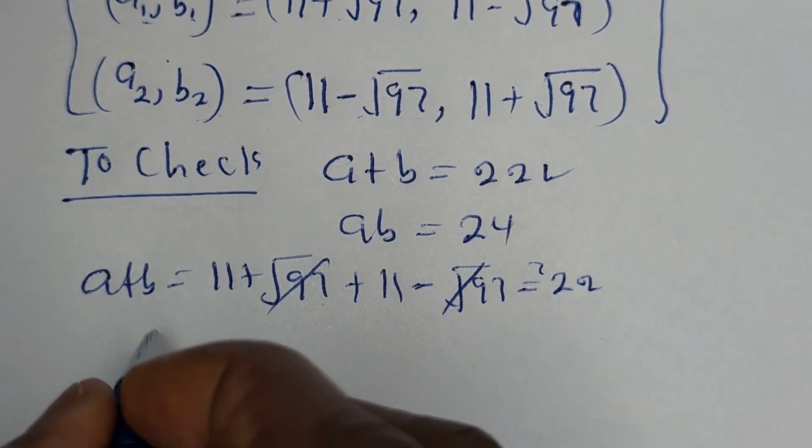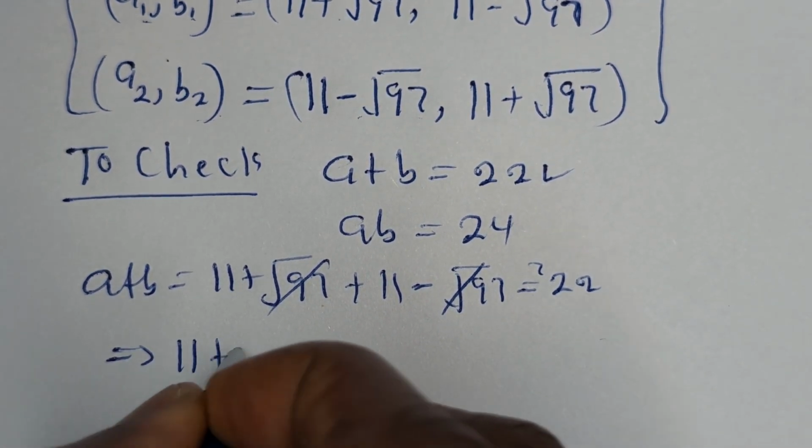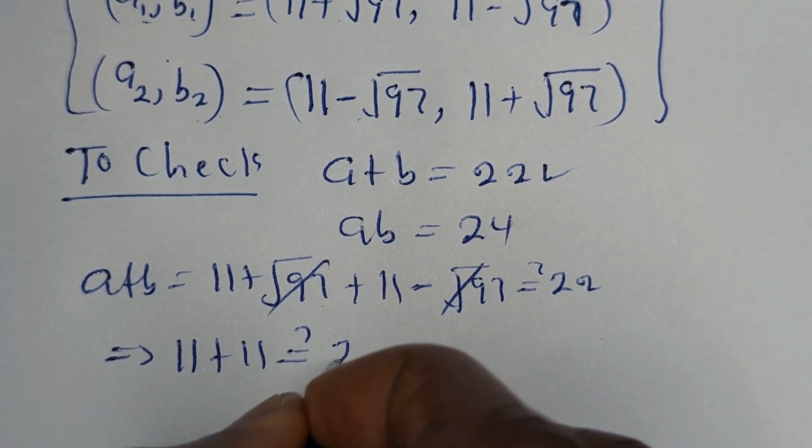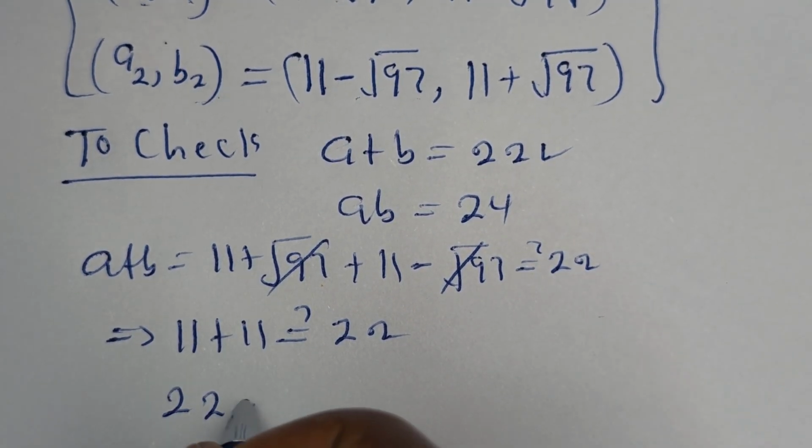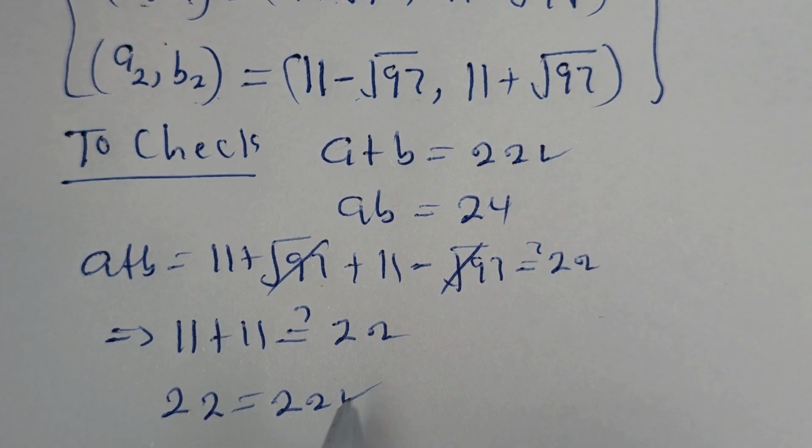This cancels this. 11 plus 11 must be equal to 22. Then 11 plus 11, this is 22, is equal to 22, which is true.